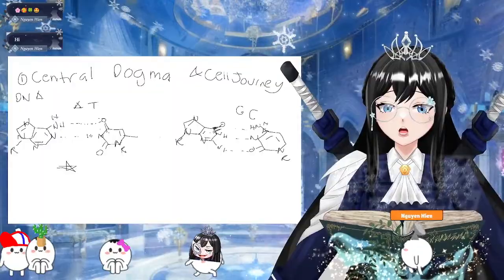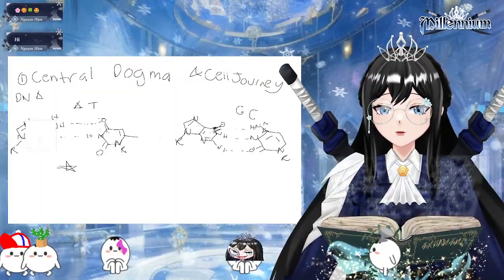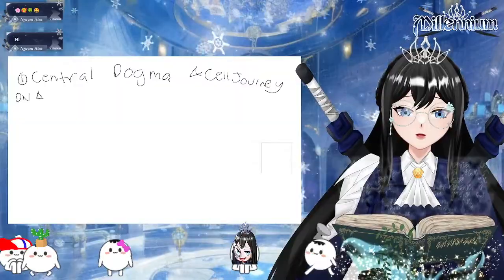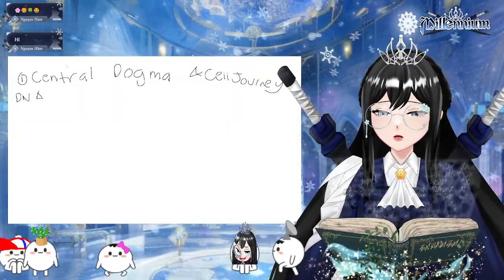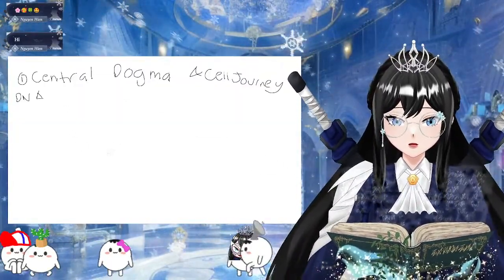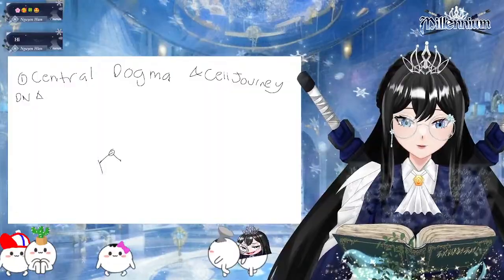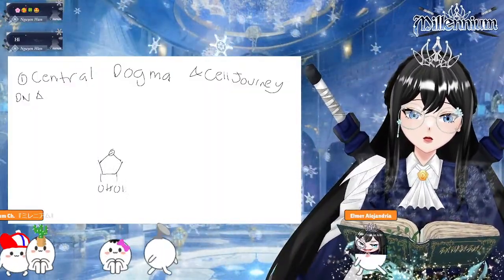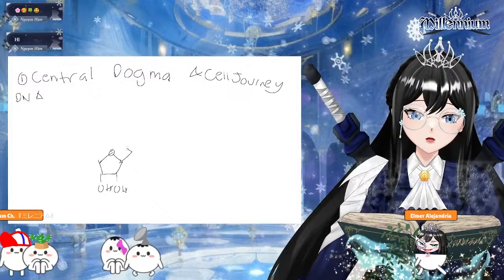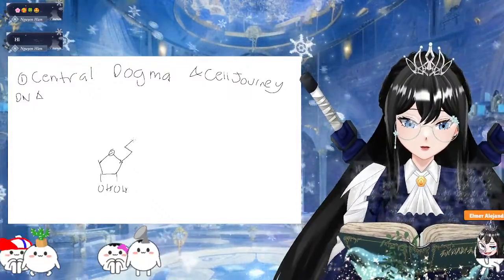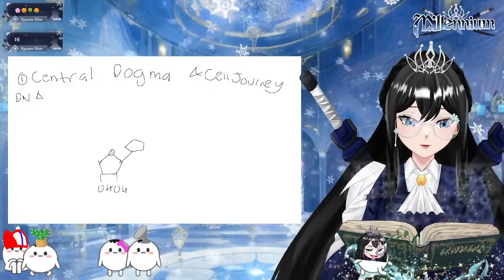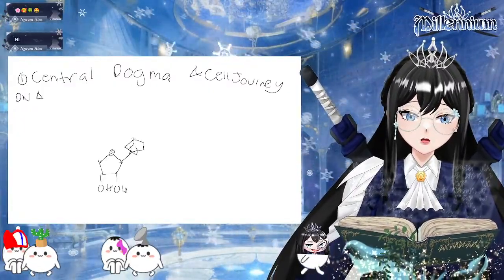So if we want to write ATP versus DNA, draw ATP. It looks like this. ATP, OH, bond, was it like this? Yes. 1, 2, 3. N, bond, N.